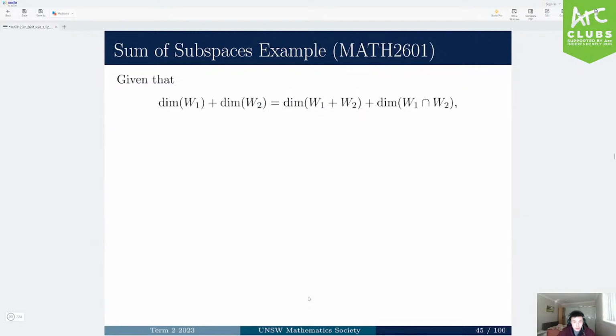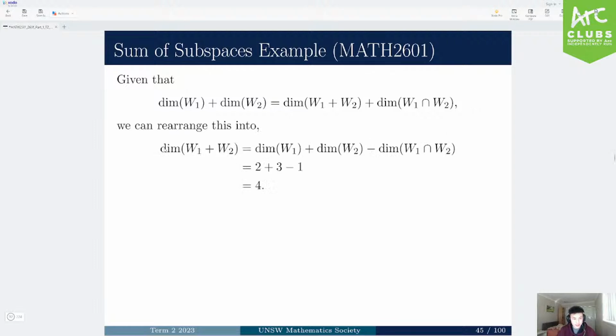Now, to find the dimension of sums, we want to use this property here, where we have the dimension of W1 plus the dimension of W2 is the dimension of the sum plus the dimension of their intersection. Rearranging this gets us the dimension of W1 plus the dimension of W2 minus the dimension of their intersection.